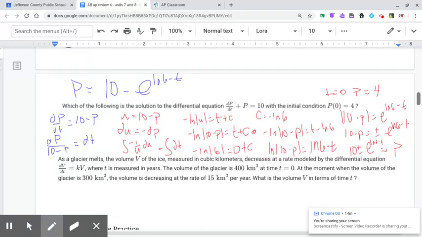Well, if I plug in time 0, then I get 10 plus or minus e to the log of 6 needs to equal 4. Well, the only way that's going to happen is if it's 10 minus, and so we choose minus for that to happen. And that is our answer.